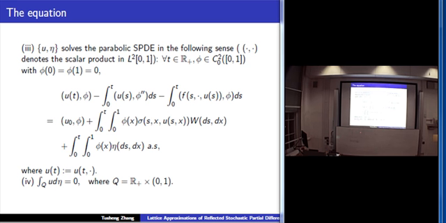So this is simply the weak solution in the sense of PDE. Now this makes sense. This is the stochastic integral, but with space and time.